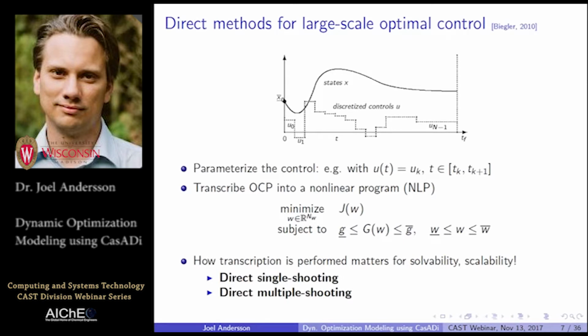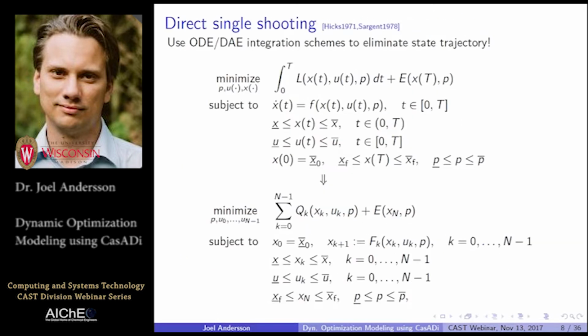And I'm just going to mention three methods that are popular. It's direct single shooting, direct multiple shooting, and direct collocation. These are three methods that are popular in real life or real world applications. So in the direct single shooting method, what we essentially do is that we introduce an ODE solver.